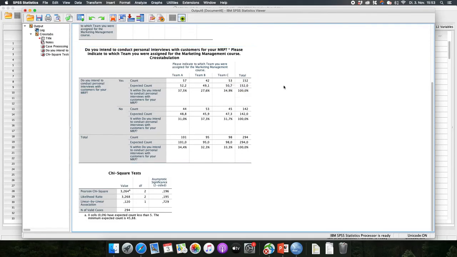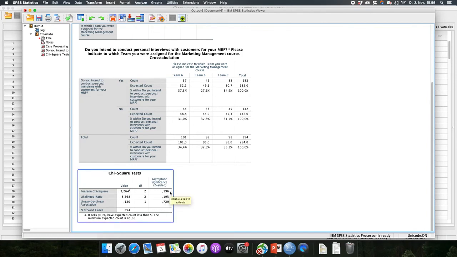Now the question is, are these differences between the observed and the expected statistically significant? For that, we look at the Pearson chi-square statistic, which has a value of 3.264 here, and a corresponding p-value of 0.196.